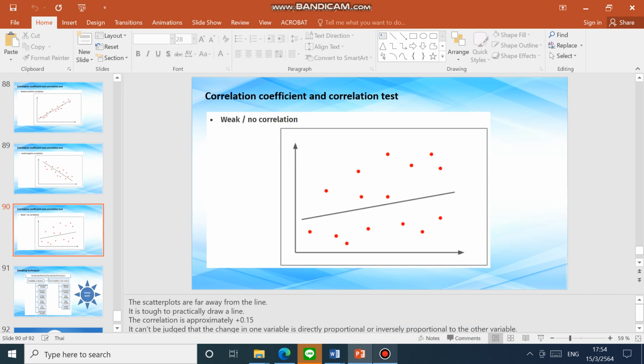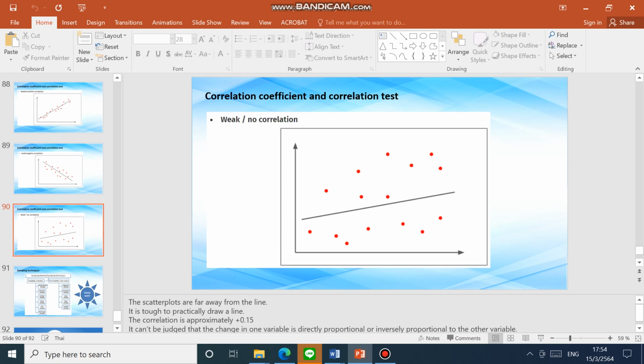What about this graph? This is weak. It represents weak or no correlation. What happened? Here you can see that the plots are far away from the line, and the distance gets bigger and bigger. It is tough to practically draw a line.